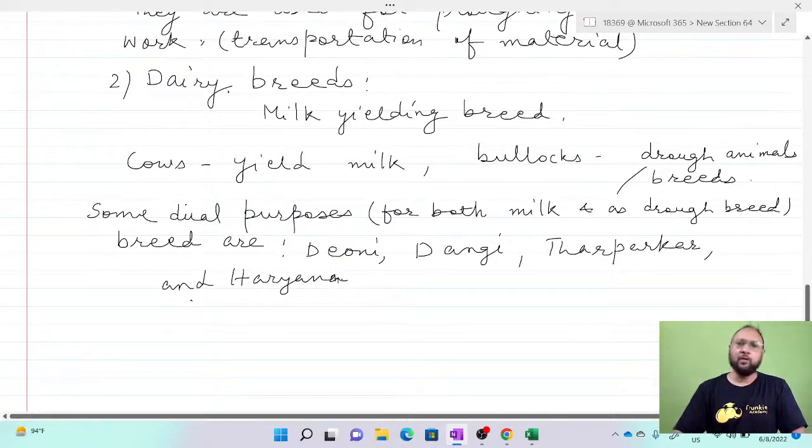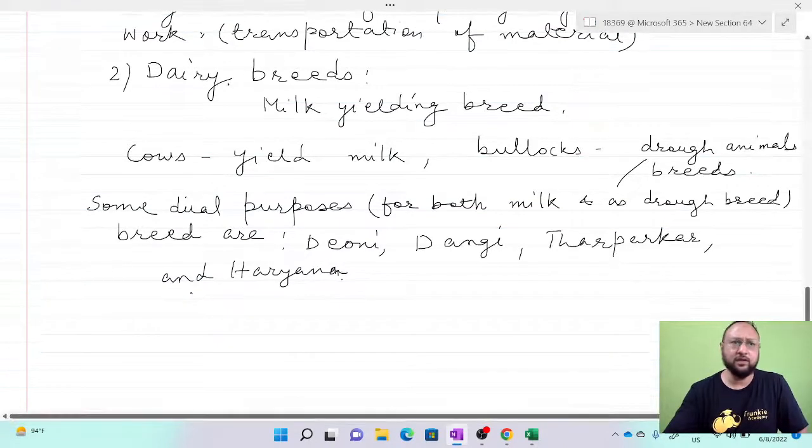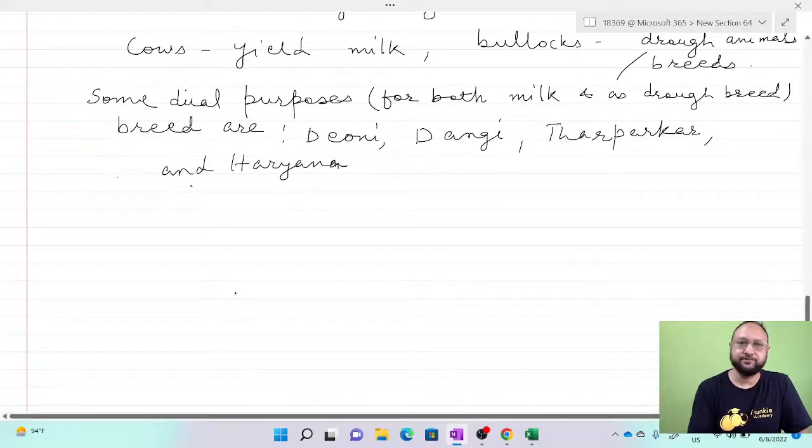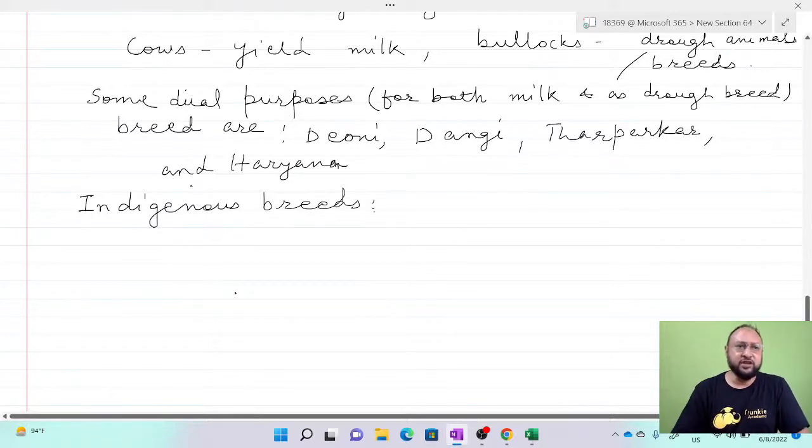Now we see some of the indigenous breeds. The indigenous breeds of dairy cows have three varieties.